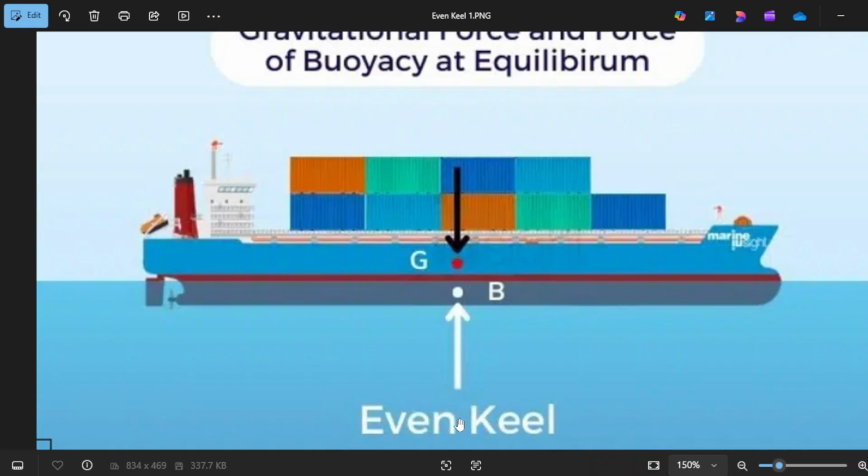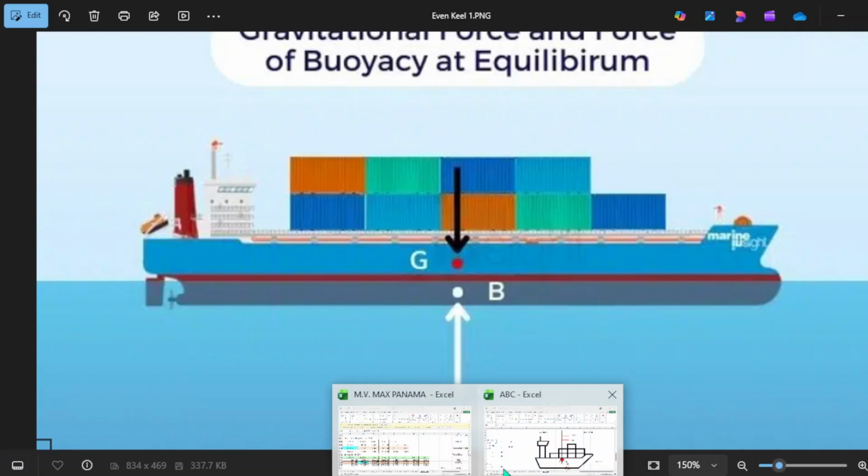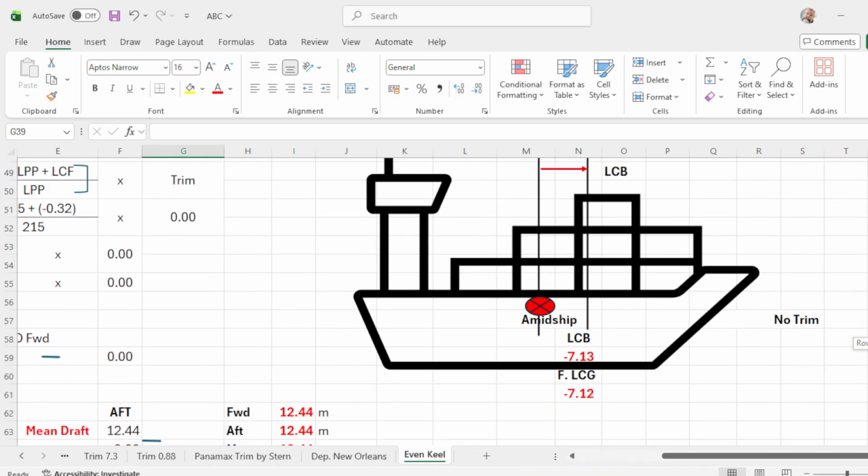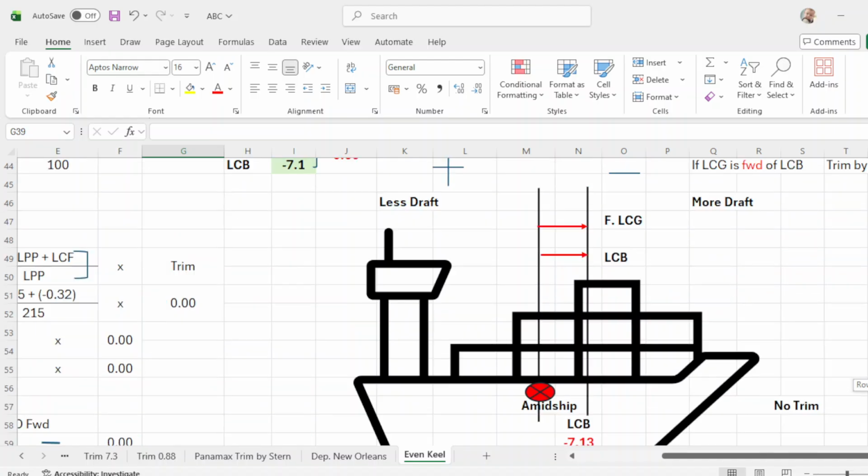The tendency of the buoyancy is to push the vessel up, and the gravitational pull of the LCG is to put the vessel down, but they must be in one line. That's why you are even keel. Okay, I hope that's clear. And that's why here no trim. LCB is negative 7.13 and LCG is negative 7.12 if you round it off. Okay, then that's number 8. We go to number 9.